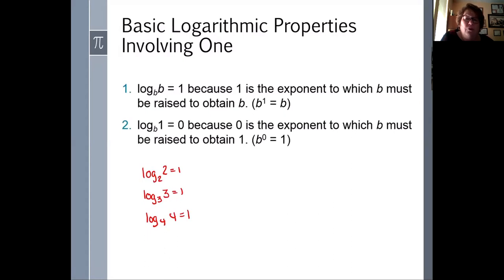You know that if you raise any real number except 0 to the 0 power, that is equal to 1. So the log any base of 1 is 0. It doesn't matter what the base is. If you're taking the log of 1, you're going to get 0.